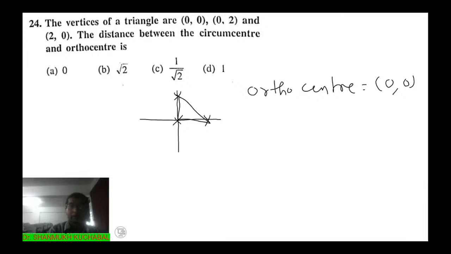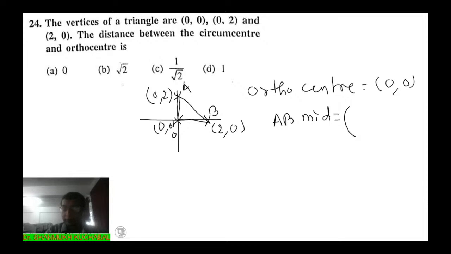And the midpoint. Here the points are (2, 0), (0, 2) and (0, 0), okay, and the midpoint of AB is given by x1 plus x2, (0 plus 2) divided by 2, 2 by 2 we get, and here also (0 plus 2) divided by 2, that is 2 by 2, so we get (1, 1).